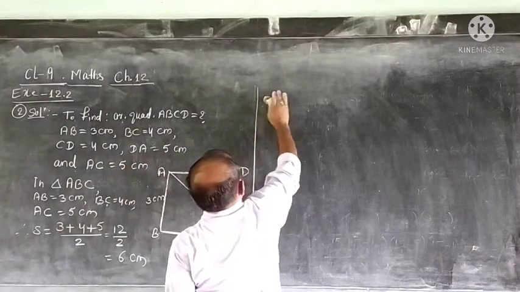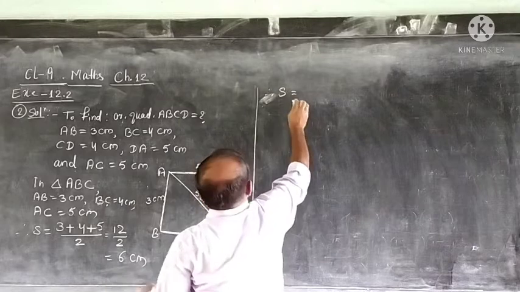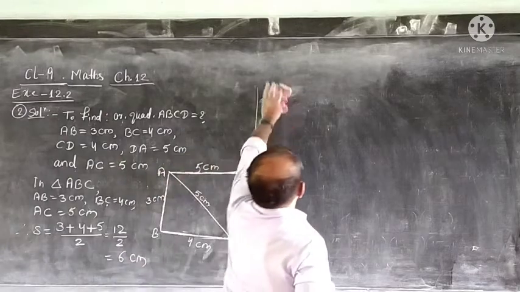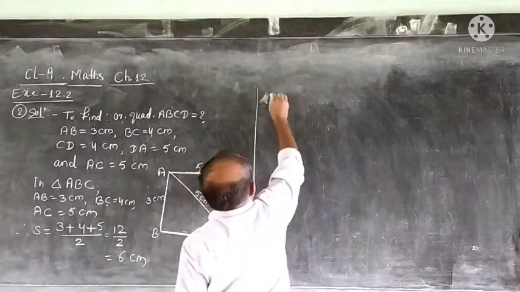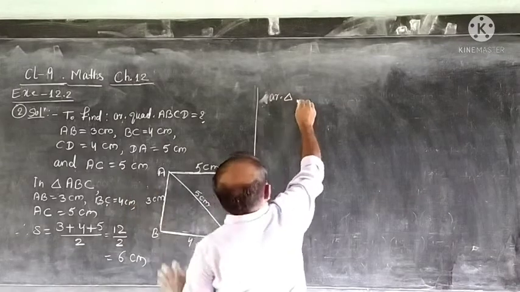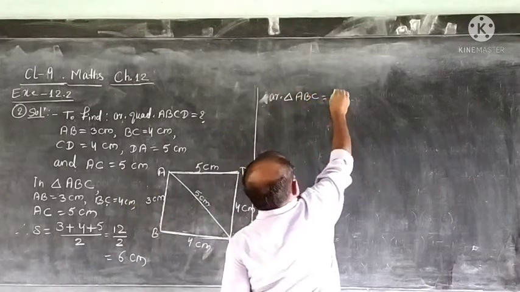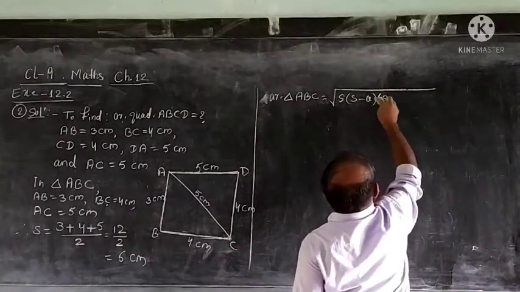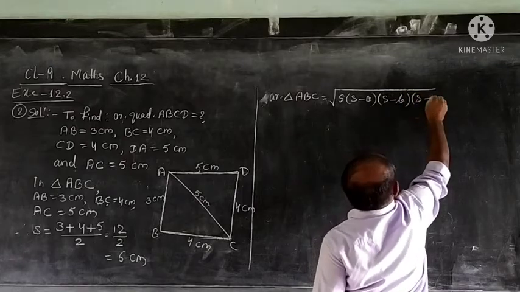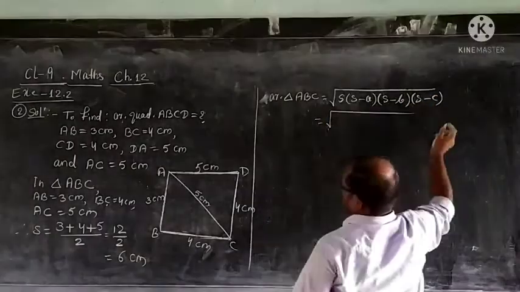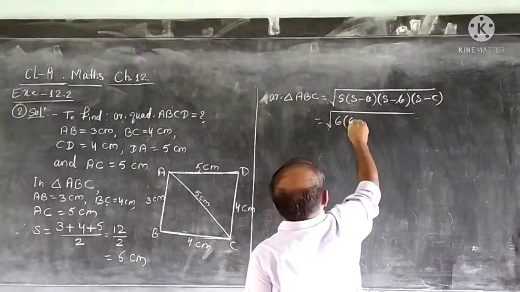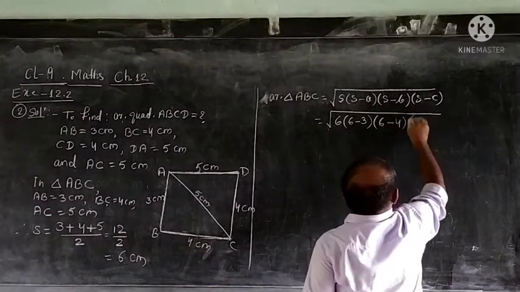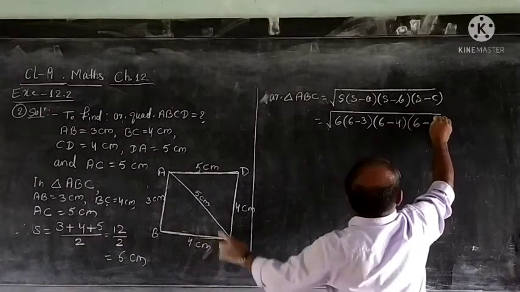Then area of triangle ABC. Once you write the formula, in the next one there is no need to write it: root of S into S minus A, S minus B, S minus C. S we got 6. So, 6 minus first side 3, 6 minus second side 4, 6 minus third side 5.